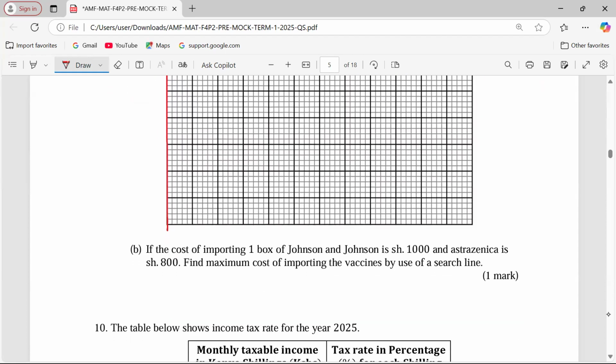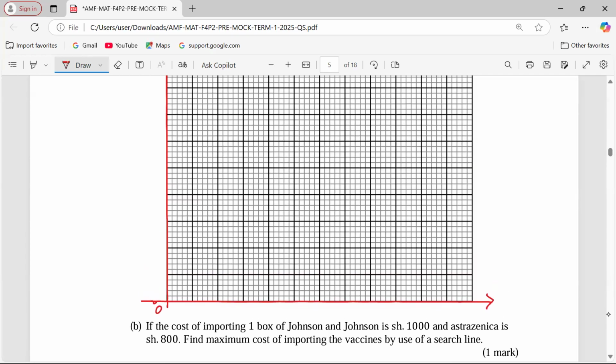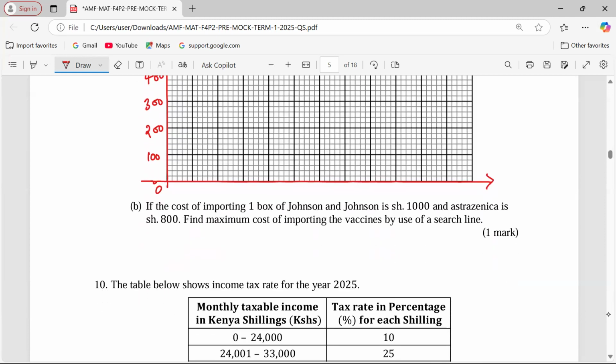Then on the x-axis, from 0, we can talk of 100, 200, 300, 400, 500, 600, 700. Can reach there first. Then now we can have again the x-axis.